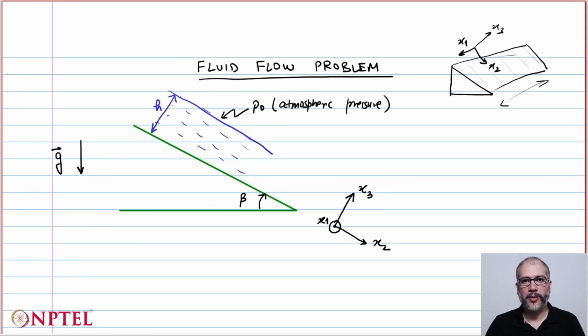In such situations where one of the coordinates is infinitely long, we can assume the situation to be two-dimensional. That is, if you consider the flow which is happening here, safely away from the boundaries, then you can assume that the flow here is completely independent of the x1 direction.